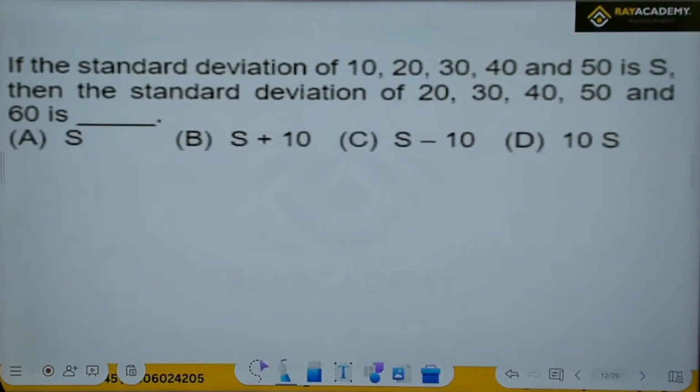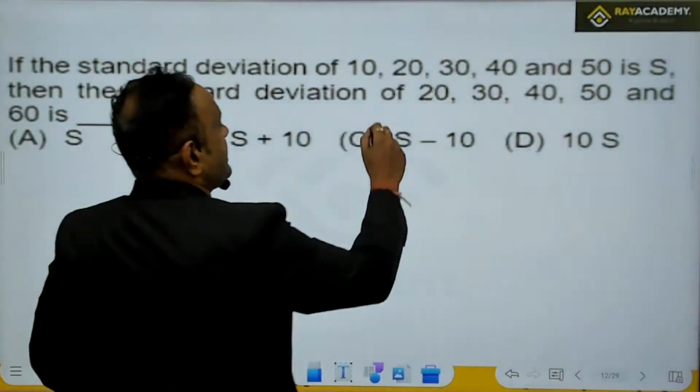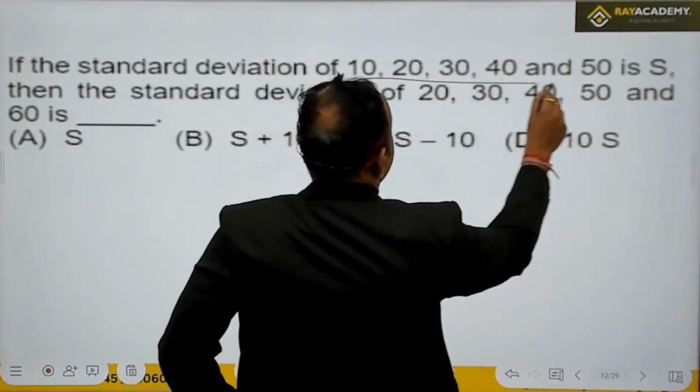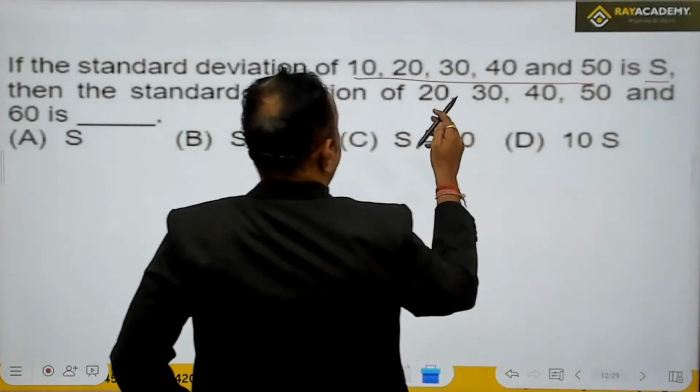Okay, now that we have discussed so many concepts, let's discuss questions. If the standard deviation of 10, 20, 30, 40 and 50 is s, then how much is the standard deviation of 20, 30, 40, 50 and 60? The standard deviation of the first data set is already given as s, and we need the standard deviation of the other data set.